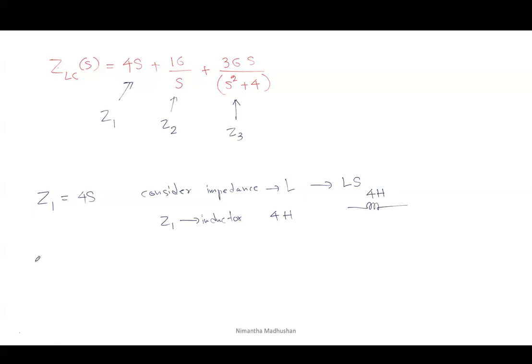And when I consider the Z2, it is 16 over S, and I rearrange it to 1 over 16 into S. If we consider the capacitor, the ZC we can represent as 1 over CS.